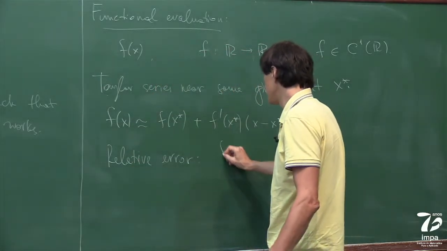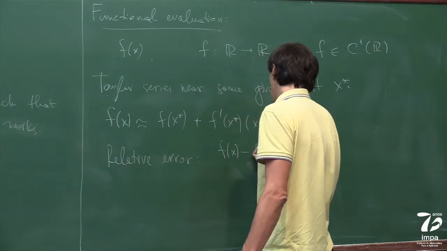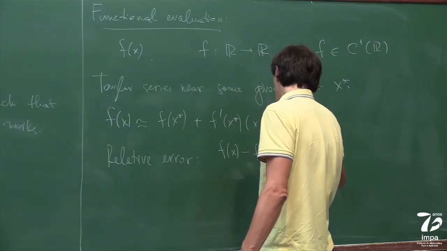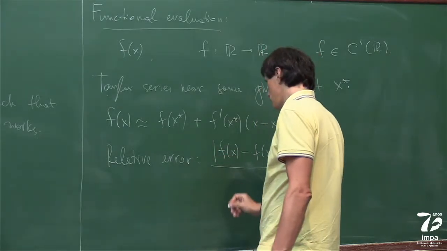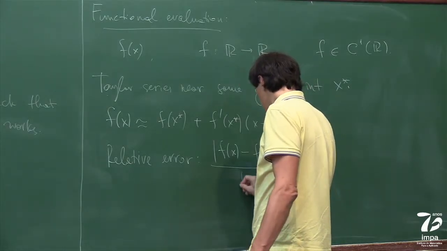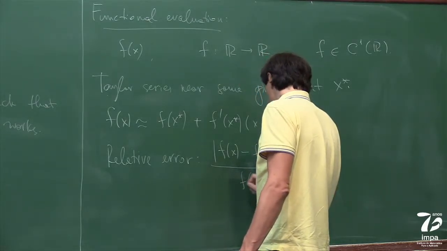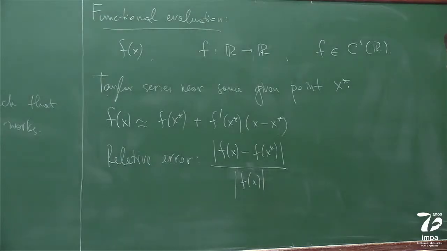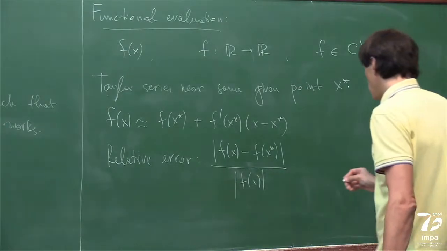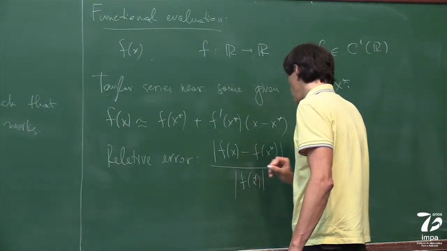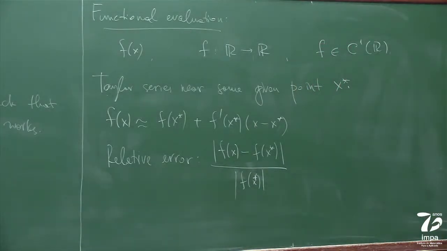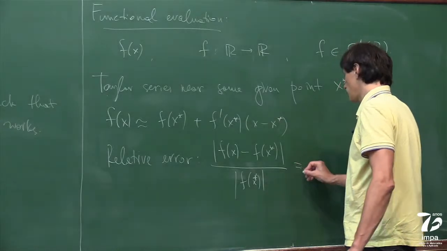A relative error is the difference of the results divided by the value of the function at the point where we want it. So the relative error of the computation we just put in.